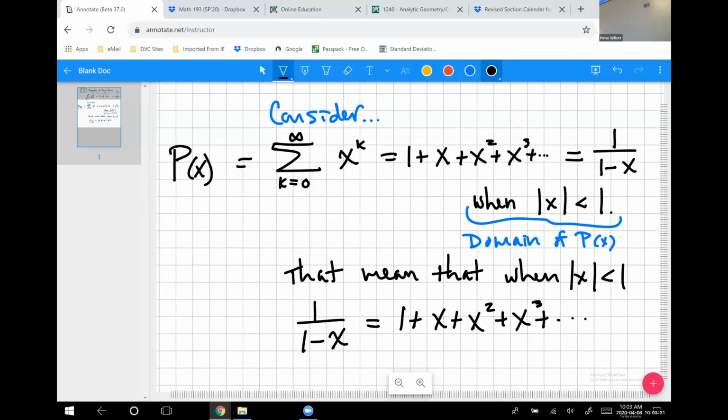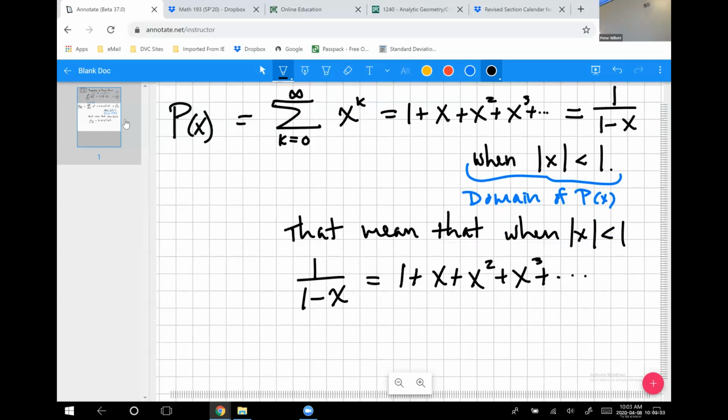That power series, these infinite degree polynomials, give us an alternate way to calculate the value of a function. I alluded to this a little bit last time with e to the x, but normally in this case it doesn't make a lot of sense, because the function on the left is pretty simple.